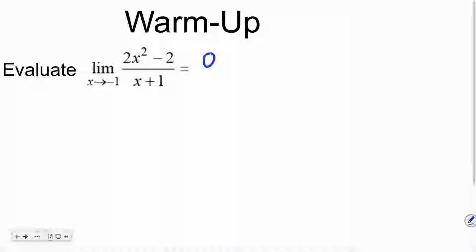Okay, so what is the issue with trying to evaluate this limit? We get 0 over 0, right? Okay. And flash back to Unit 1. If you had 0 over 0, that meant you could do something algebraically. All right, what algebraically can we do to this limit?